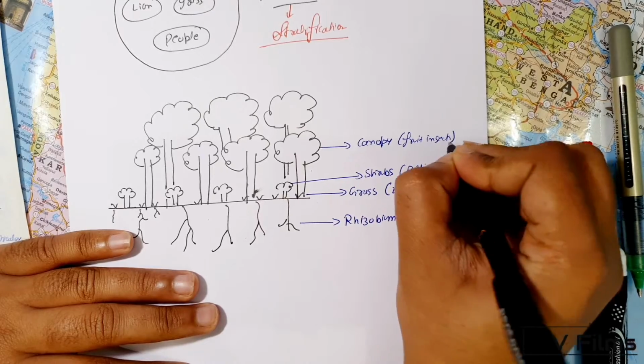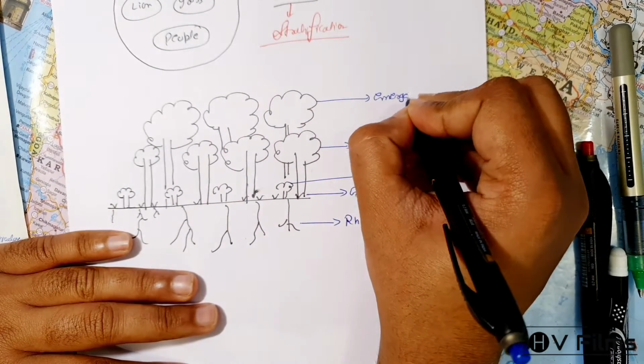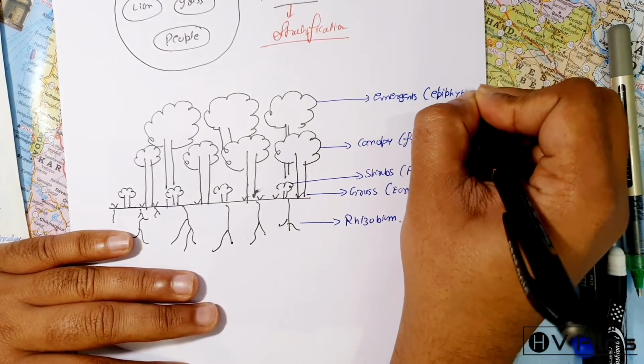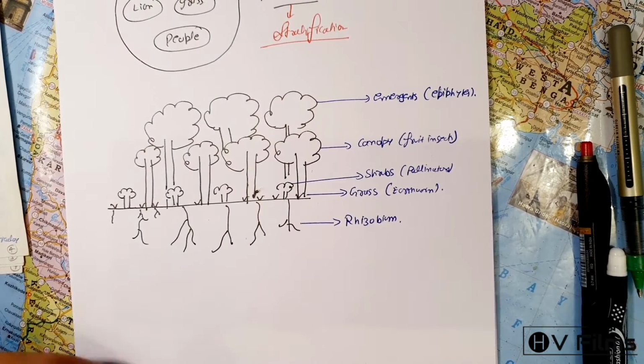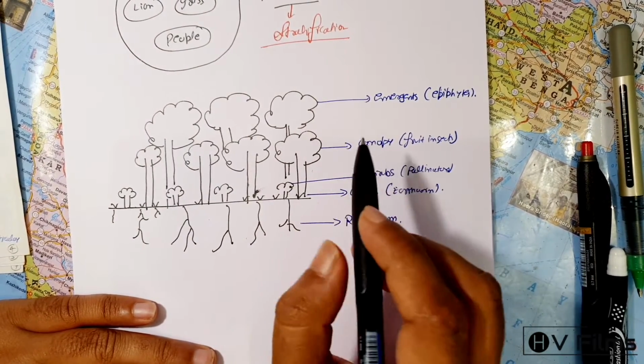The canopy is basically the crown of the tree, meaning how much area the tree occupies at the higher levels. They can be the fruit insects, and these are called the emergents. That's the epiphytes.